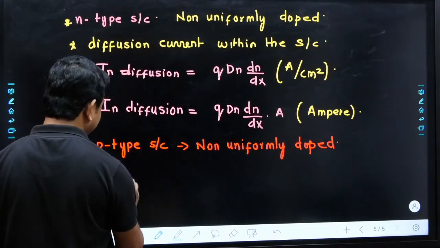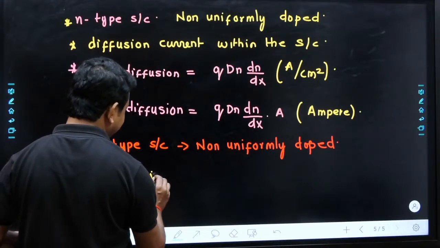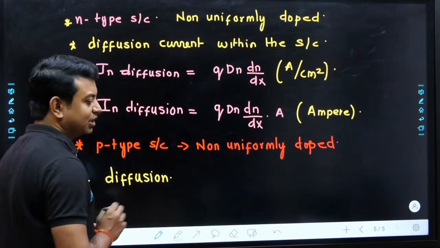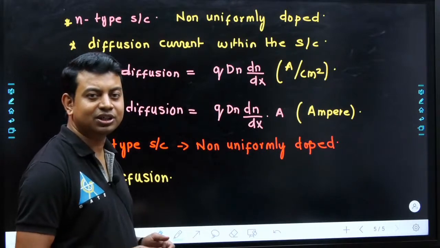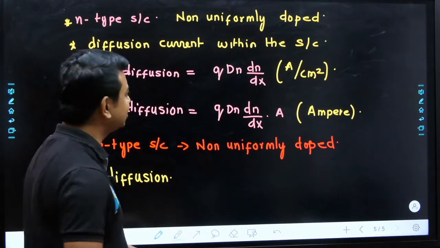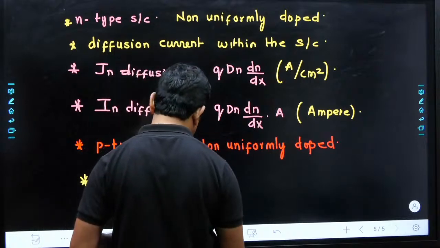This diffusion current is always present within the semiconductor, in the area or distance in which we have the concentration difference. That is why this part is very important.